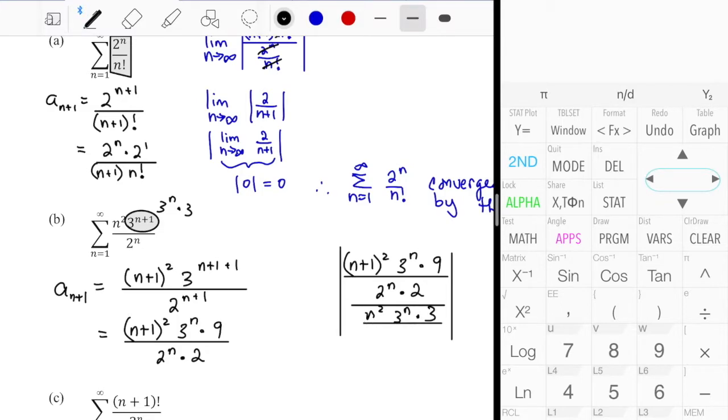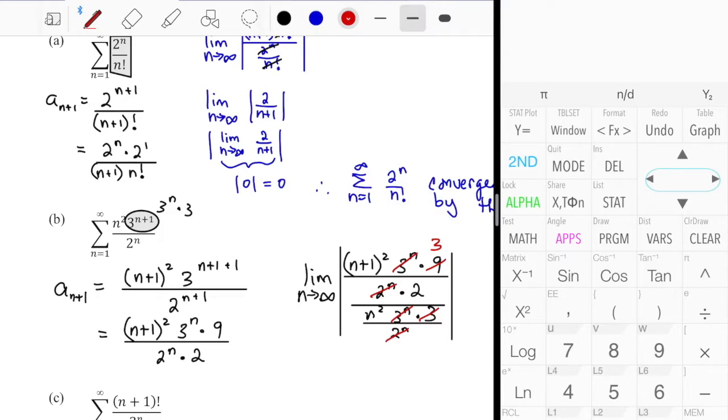It'll make it easier to cancel some stuff out. And we're finding the limit as n approaches infinity. All right, so cancel all that is cancelable. So gone, gone. The 2 we're stuck with, 3 goes into 9 3 times.